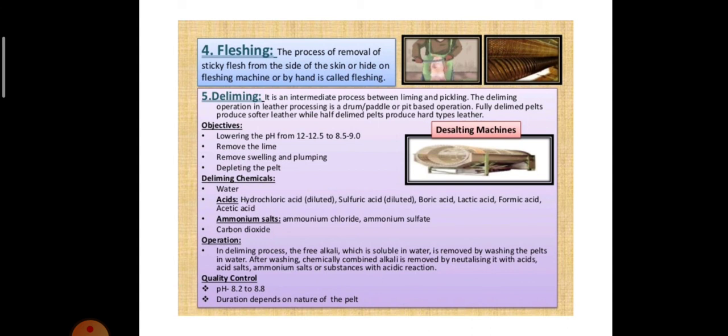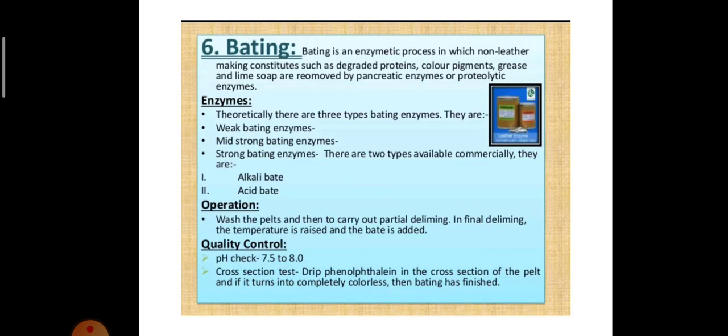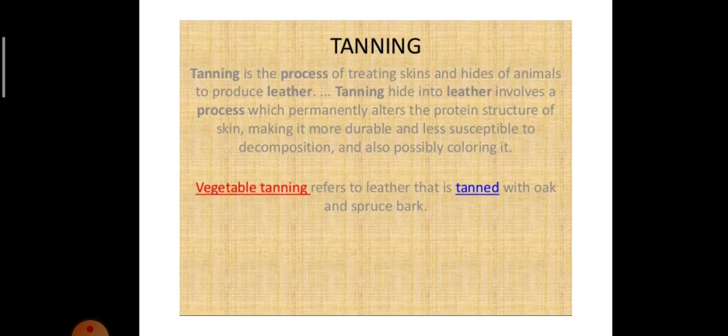Quality control is from pH 8.2 to 8.8 by means of a pH meter. Duration depends on the nature of the pelt. So the remaining processes, that is bating and pickling and other things, will continue in the next class.